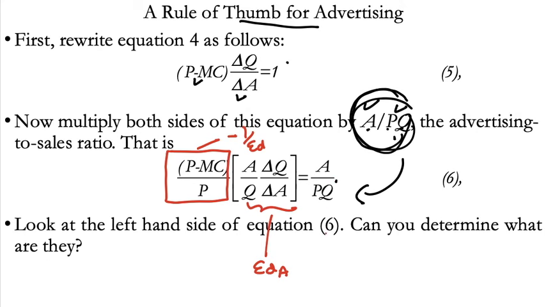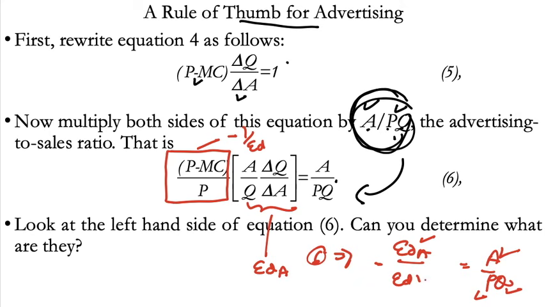So when we rewrite it again, expression 6 can be something like this: ADA over ED minus equals A over PQ. For managers, this one is easy to get, this one is easy to get, yes, because as long as you have P and Q and A, then that's settled.